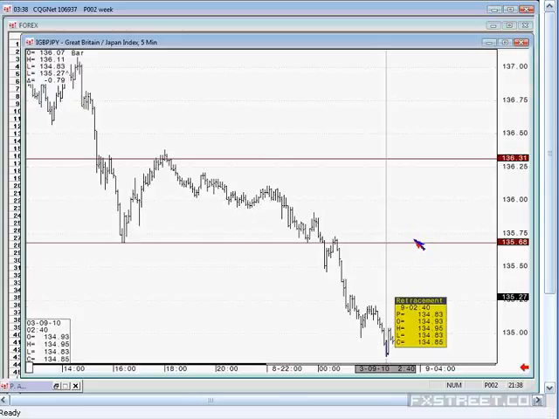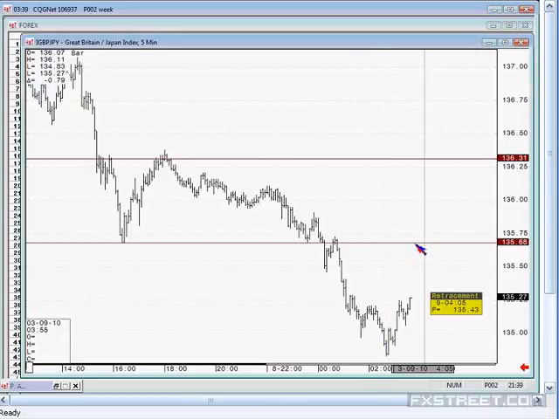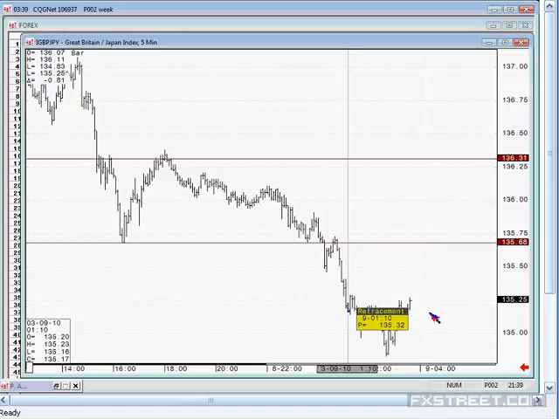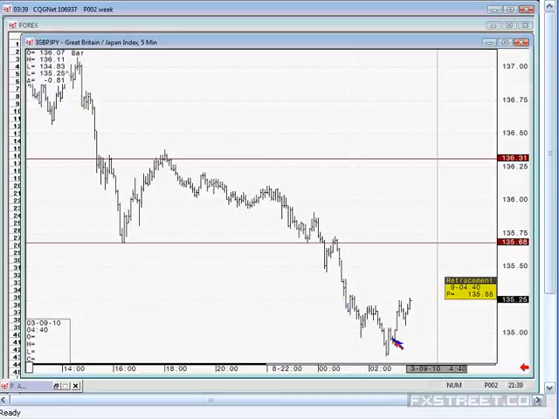The second time it comes, if you sell here, the price would only make lower lows provided this low is breached. So when the price is approaching down, you have to be a bit cautious until it clears this low. Once it clears this low, then you can expect the price to make lower lows.